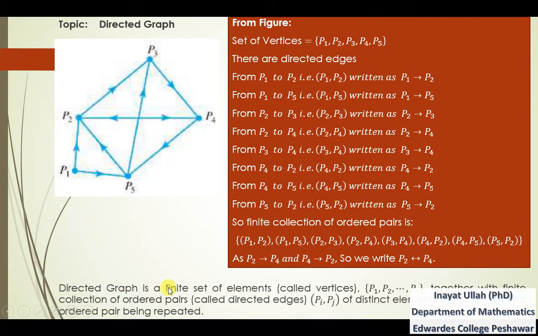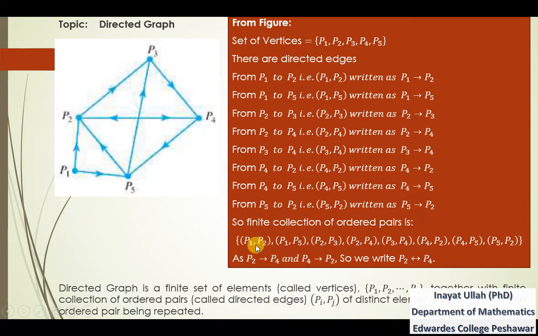That is the definition of a directed graph. A directed graph is a finite set of elements, which are called vertices, together with a finite collection of ordered pairs, which are called directed edges.